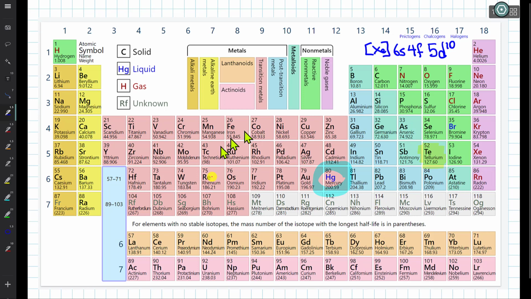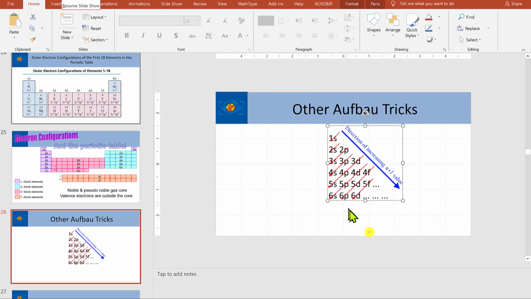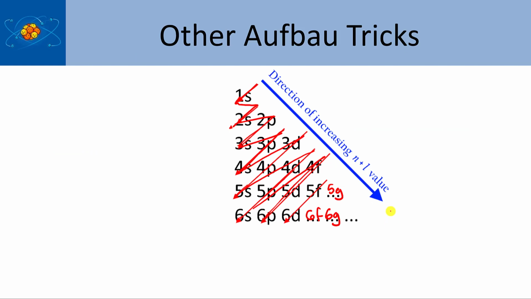If you can remember that this is D and it's n minus 1, or this is F and it's n minus 2, and all of this on the left-hand side, those are the n values, the principal quantum numbers. That's a lot easier, I think, than drawing that little triangle. And a lot more time efficient, and also based on the periodic table. The little triangle is just a happy coincidence that it works out.